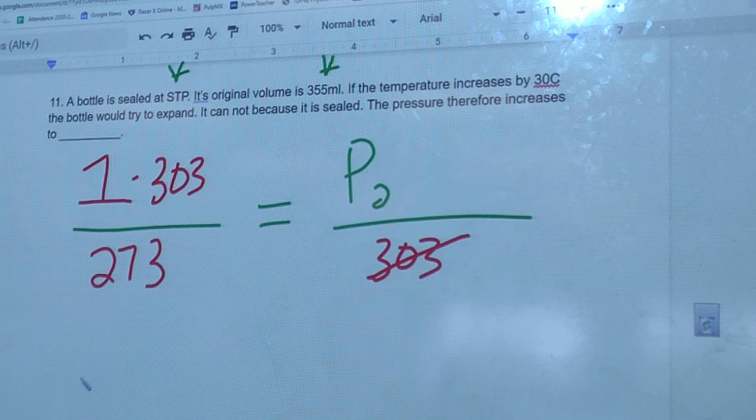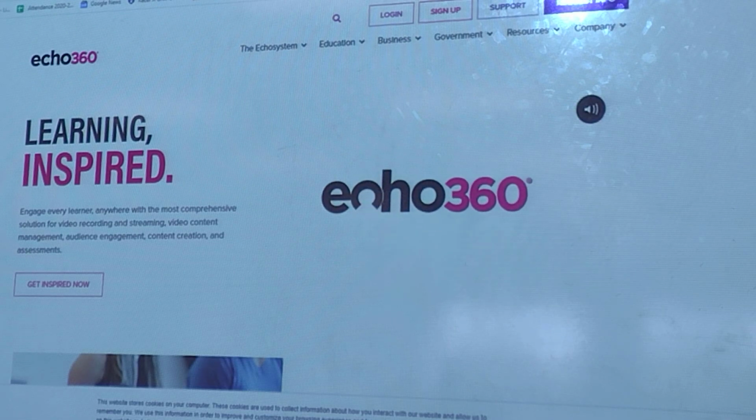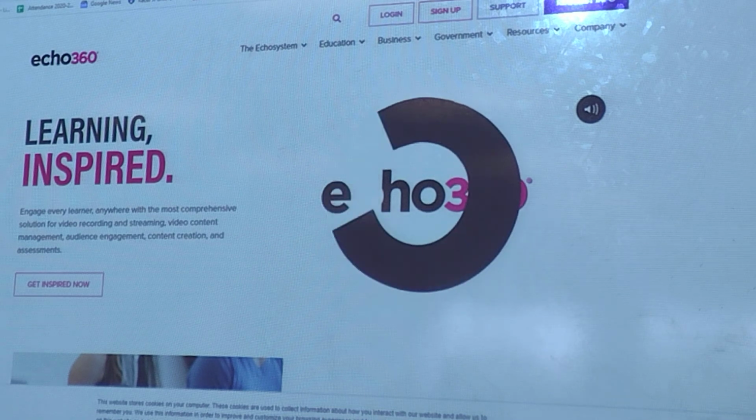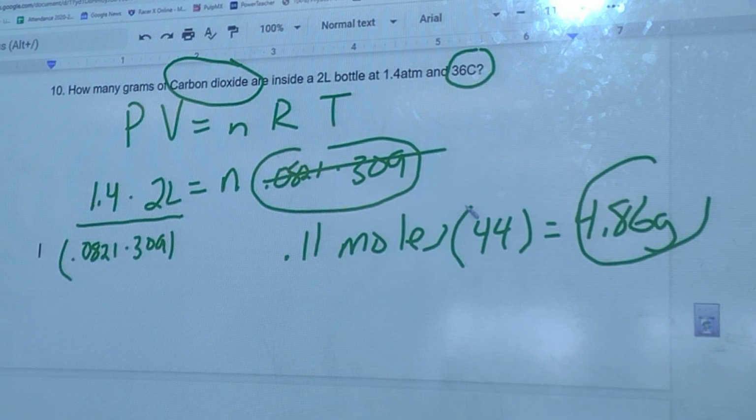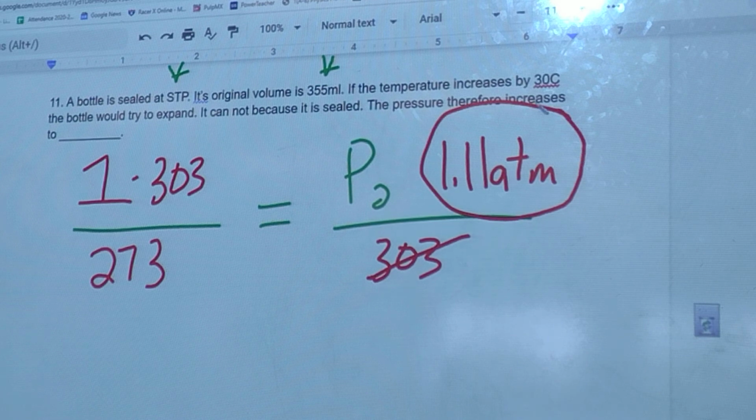We end up with just 303 divided by 273. 1.11. Ha ha! I love it when it does that. The new pressure is 1.11 atmospheres. Okay? That's how you do it. I think that's all of them.